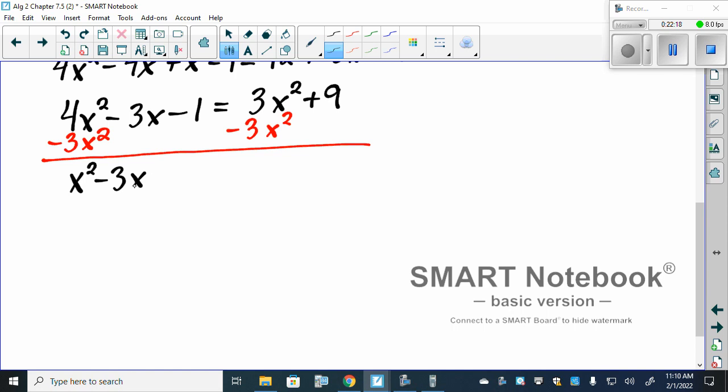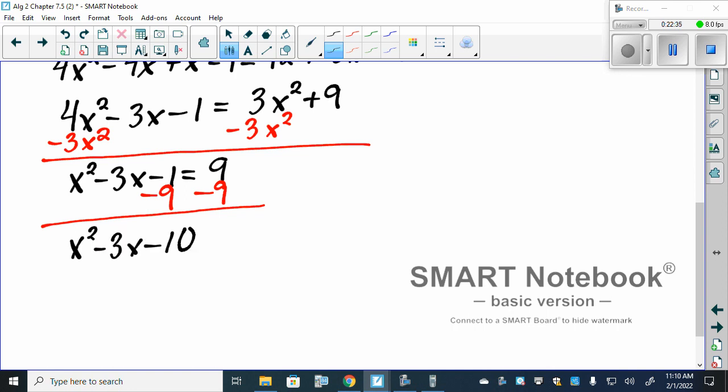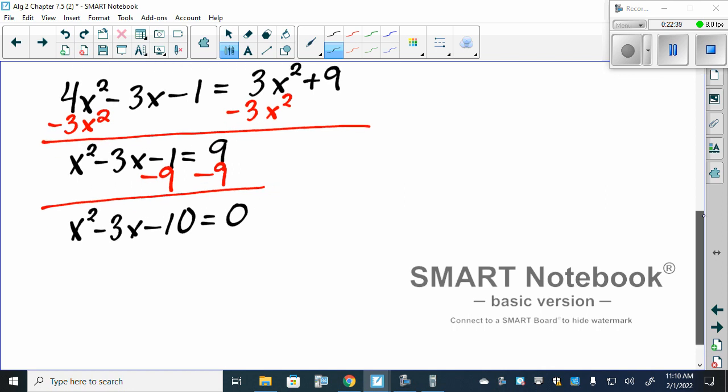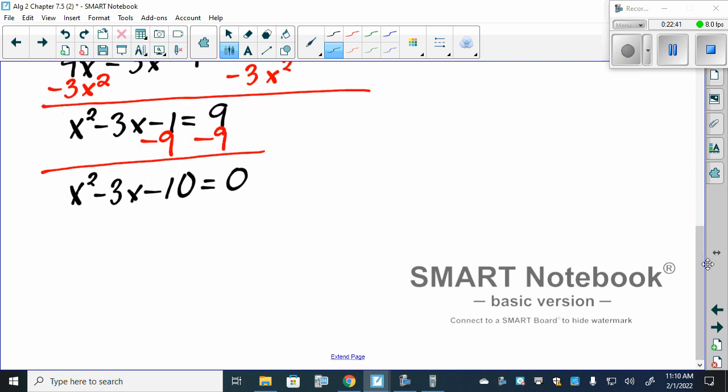We'd have our minus 3x minus 1 is equal to 9. Now we can subtract 9 from both sides, which would tell us that we have x squared minus 3x minus 10 is equal to 0. Any questions on how we got down to this quadratic?